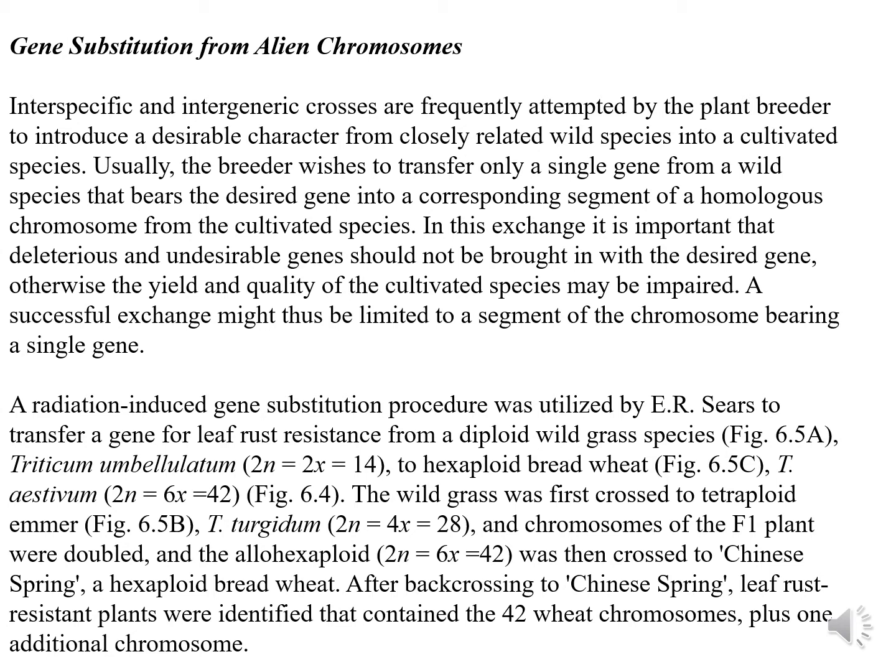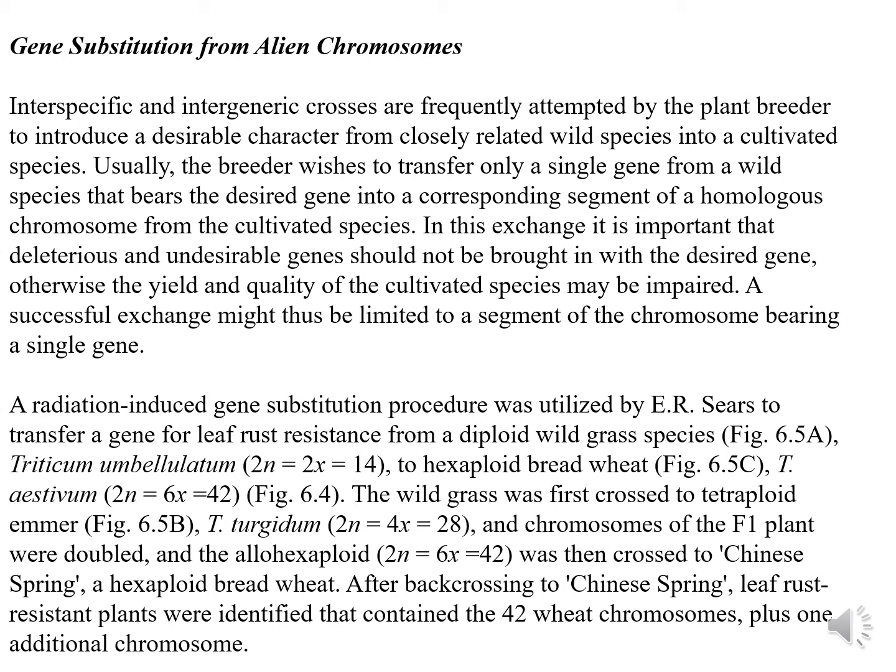One of the purposes that has been used before, for example, is what we call gene substitution from alien chromosomes. You all know that sometimes if we couldn't find the gene that we need in the cultivated plants, we go to its ancestors, or what we call the wild relatives, to bring this gene.